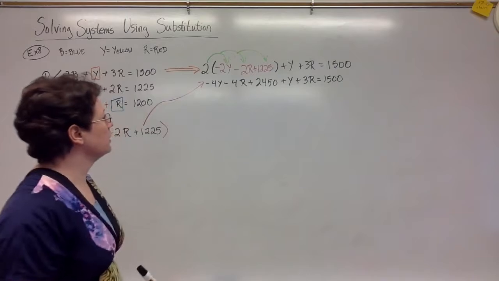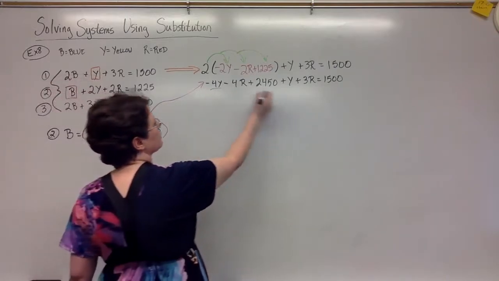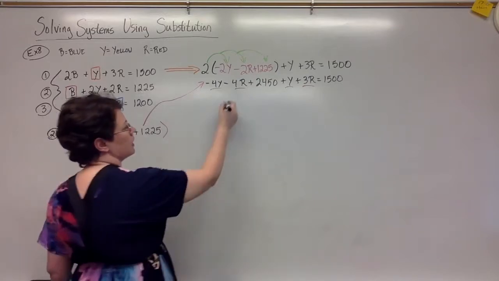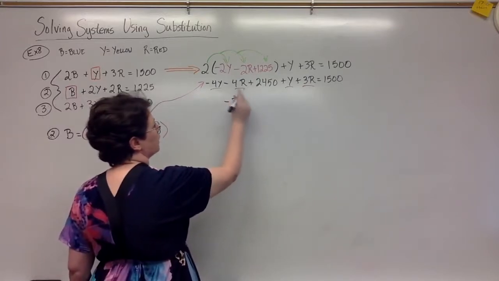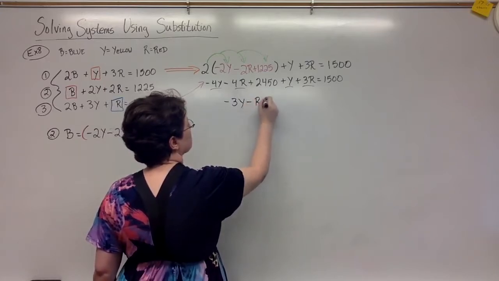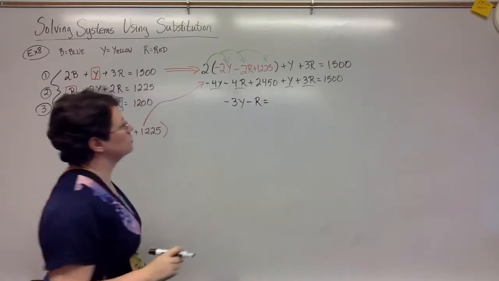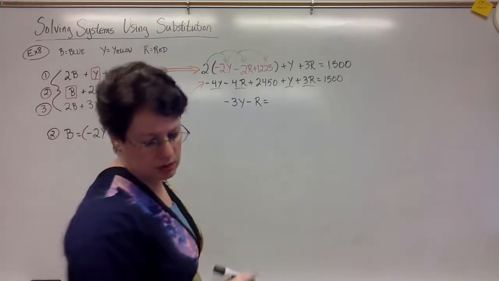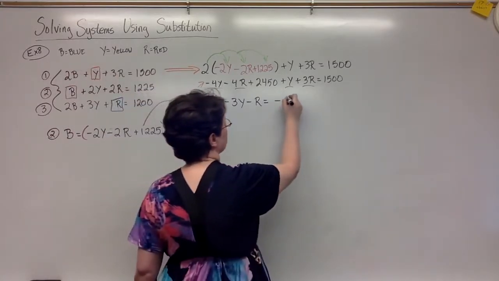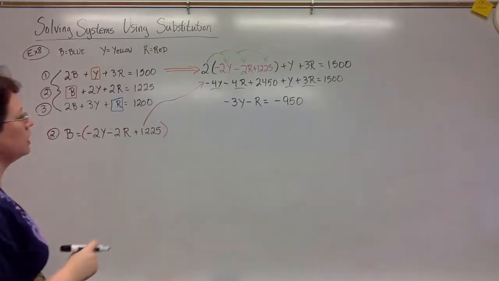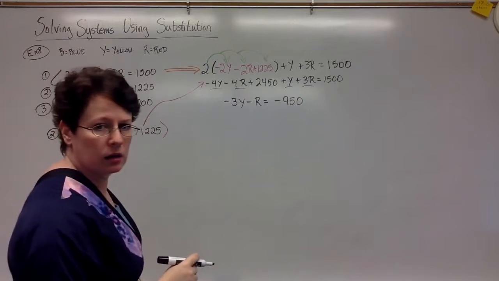All right, so now let's combine like terms. So I got y's and I got r's, right? So that gives me negative 3y minus r equals 2. Oh, got to move that 2450 to the other side. What are we going to get? Negative 950.